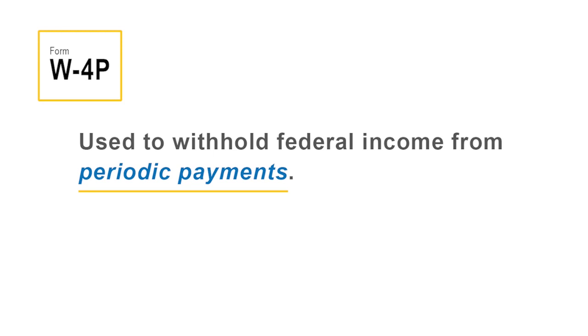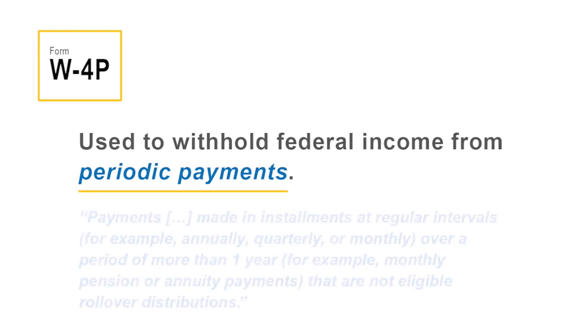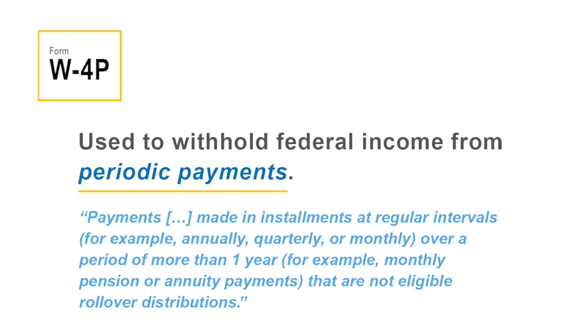The IRS defines periodic payments as payments made in installments at regular intervals, for example, annually, quarterly, or monthly, over a period of more than 1 year, for example, monthly pension or annuity payments, that are not eligible rollover distributions.